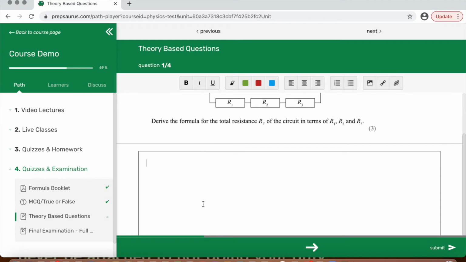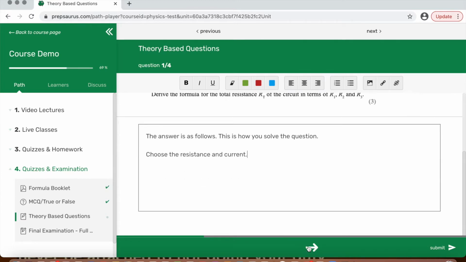If the answer can be typed, the student has an option to type the answer here itself, and submit it. So here the student has decided to submit the answer by typing in.